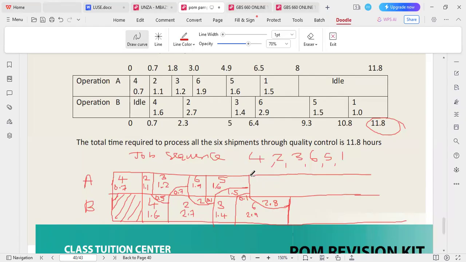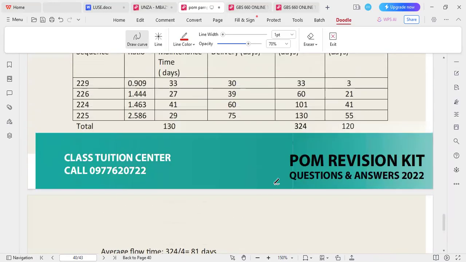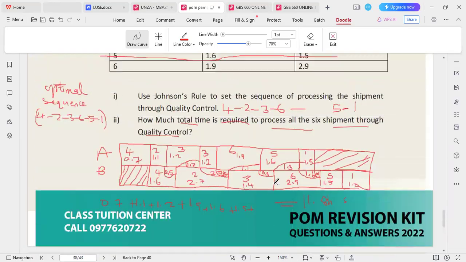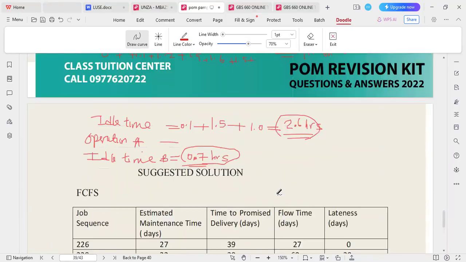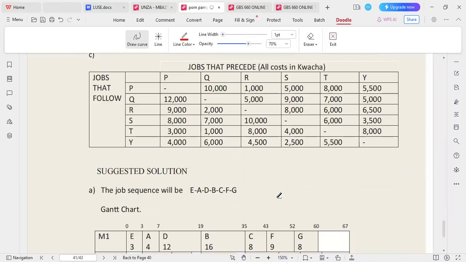Okay, so meaning now that by the time they're finishing running job 6 in operation B, people in operation A would have now started working on job 1, and job 1 is taking 1.0.